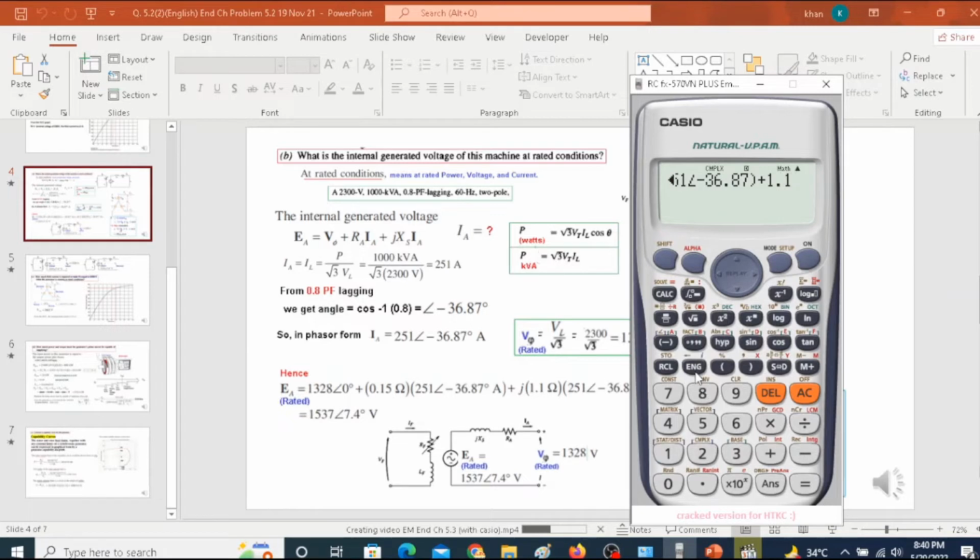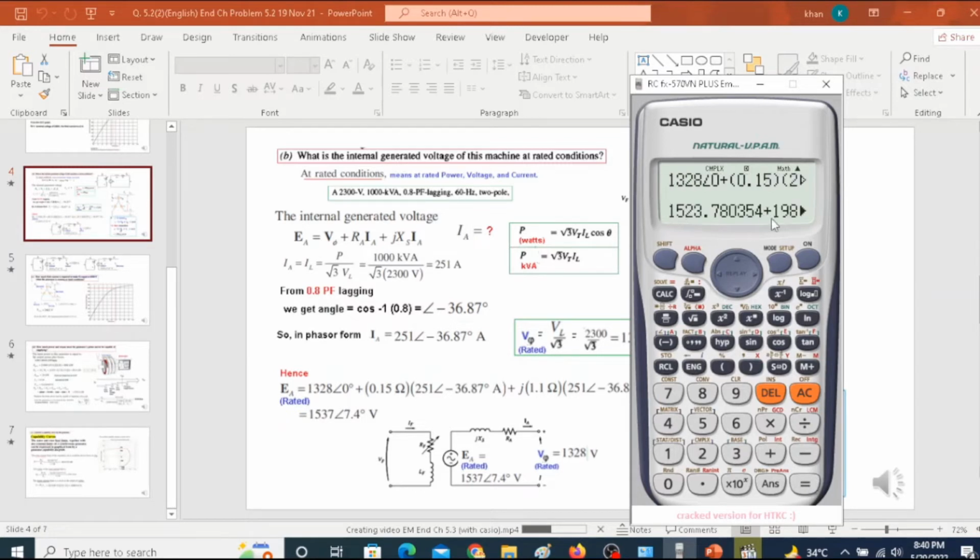101, and for j we write i, put a bracket around here, and bracket 251 shift angle minus 36.87 bracket close.